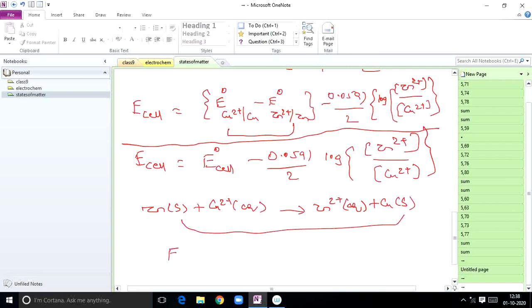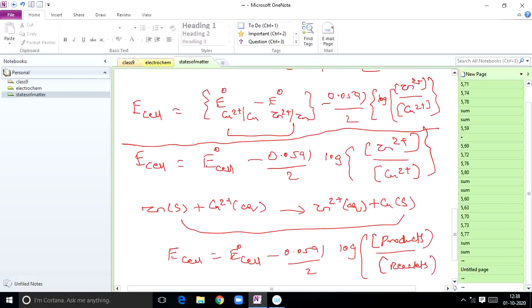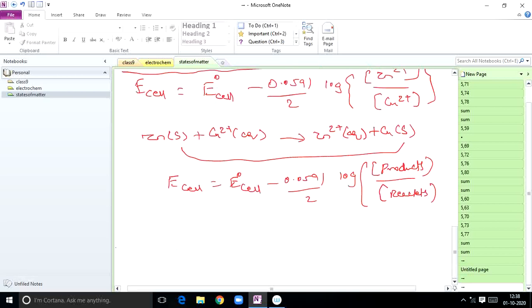So how to apply? E cell is equal to E naught cell minus 0.0591 by 2 log of concentration of products divided by concentration of reactants. Okay students, the molar QC expression you know how to write.